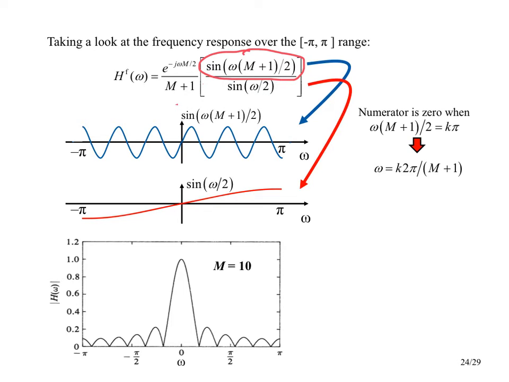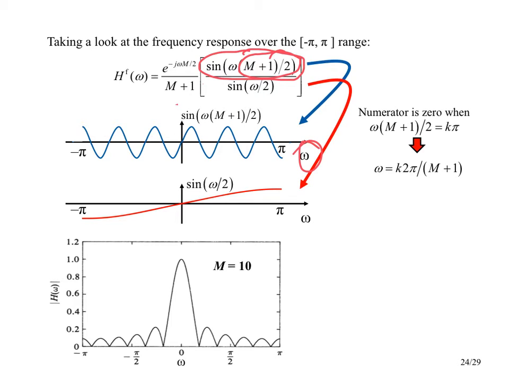And as a function of omega, it just goes up and down, and goes through 0 at omega equal to 0. And the rate at which it goes up and down is set by m plus 1 over 2. Remember, omega here is the variable that we're plotting it against, and so anything multiplying omega is going to play the role of a frequency.